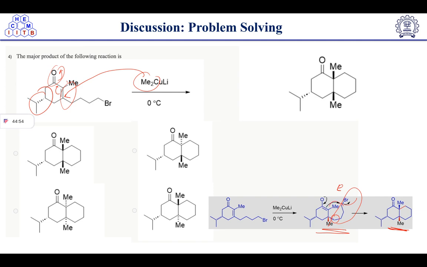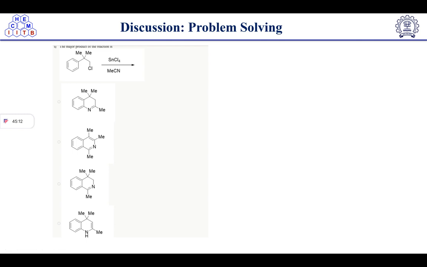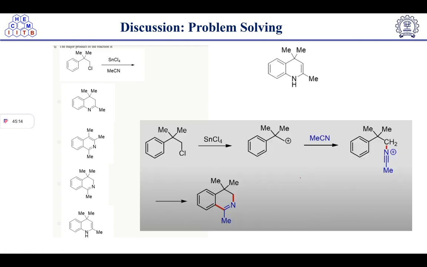So it will attack from the backside only, and the methyl group will come to the front side. That's why this cis decalin system will form. Cis decalin system. So the correct answer is option number A. Okay.